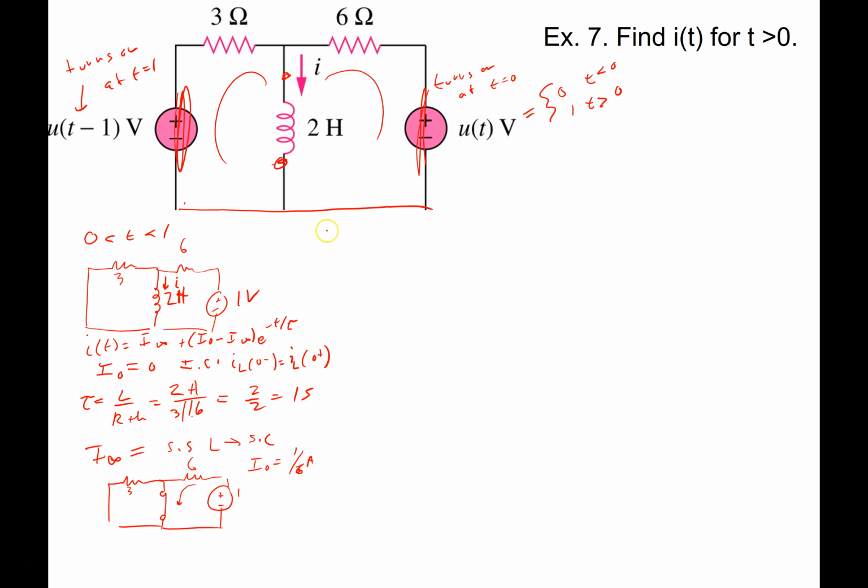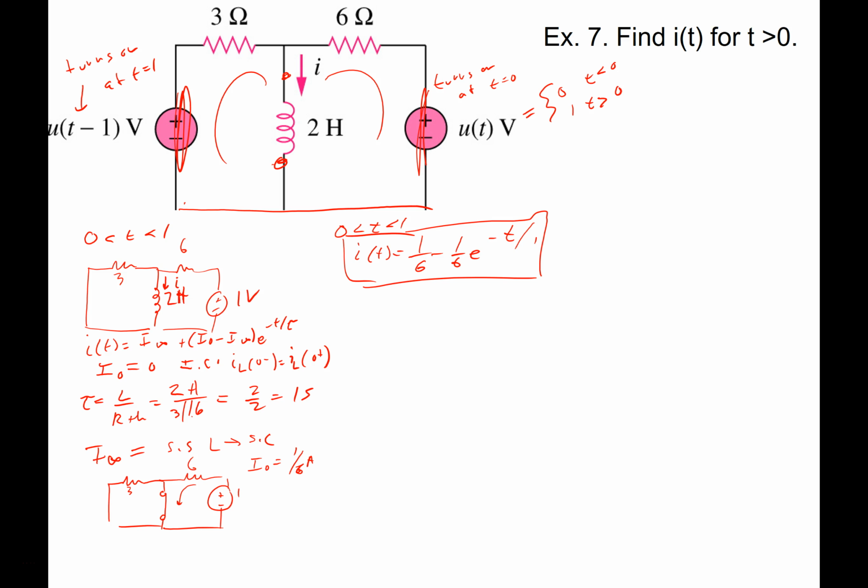So that means our solution for 0 less than t less than 1 is that I of t equals 1/6 minus 1/6 e to the minus t over 1. And that's kind of where we left it last time.